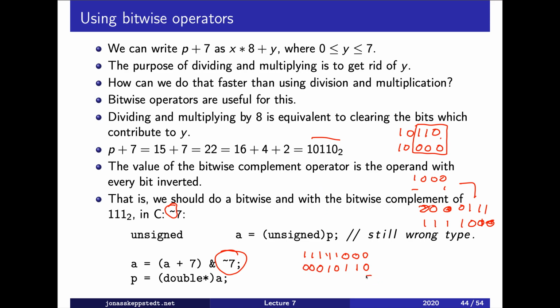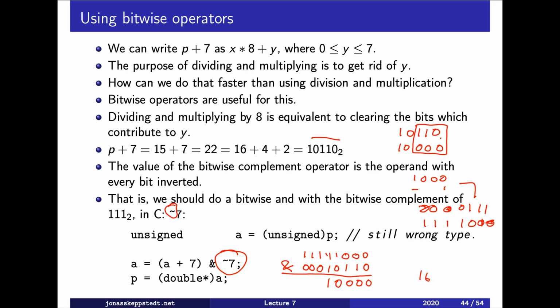Okay, so bitwise AND: that one will be 0, 0 and 1 will be 0, 0 and 1 will be 0, 1 and 0 will also be 0, and 1 and 1 will be 1. Okay, and then it will be zeros. So now A, due to this assignment, has become 16, which is what we wanted.